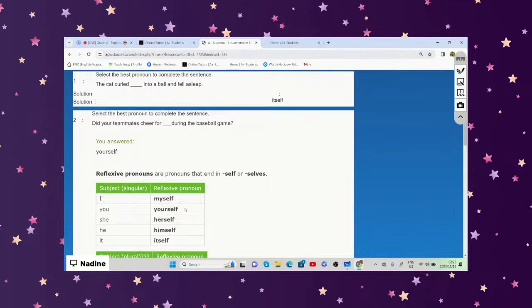The cat curled yourself? The cat curled herself? Or the cat curled himself or itself into a ball and fell asleep? So we need to choose the correct answer.